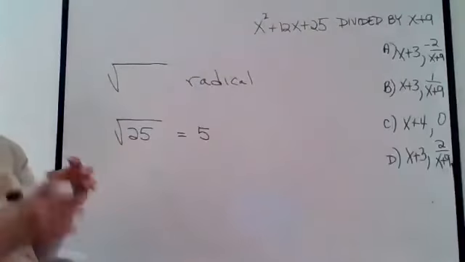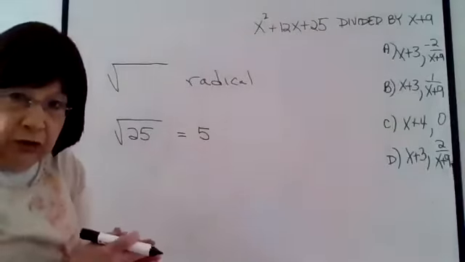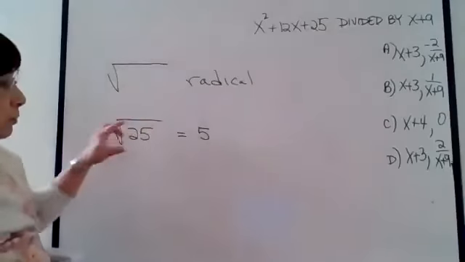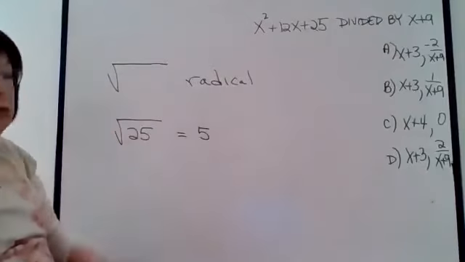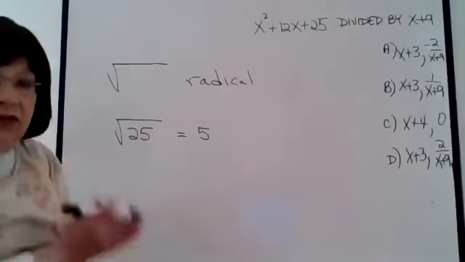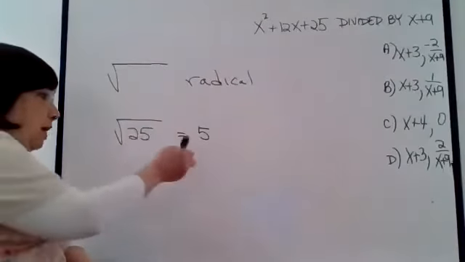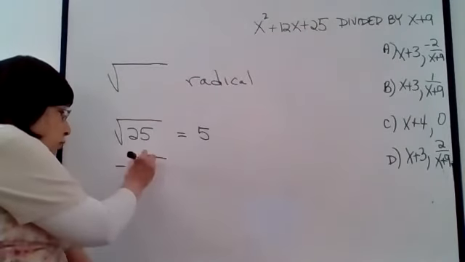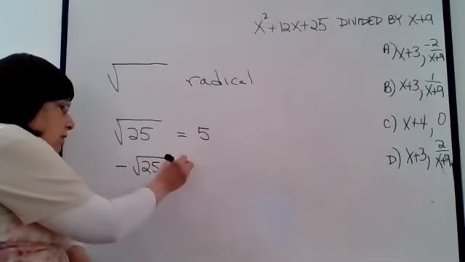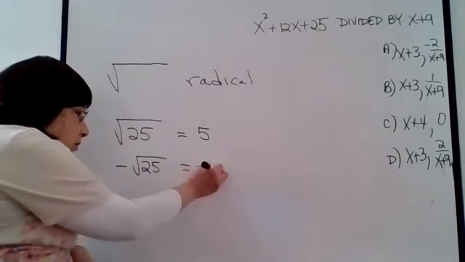So in order to avoid confusion, we don't want one symbol to mean two different things. We always use the square root sign to mean the positive square root. If I want to get to negative, I'd have to write the negative square root of 25, in order to get to the -5.